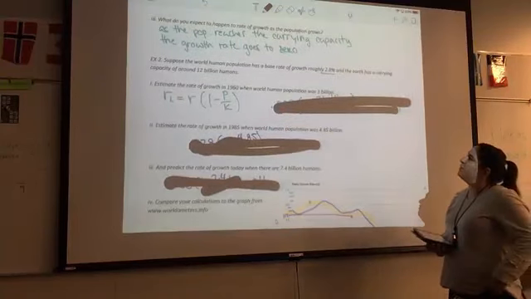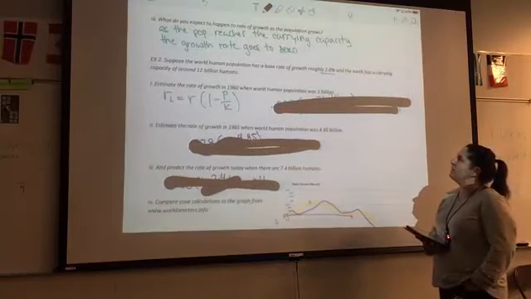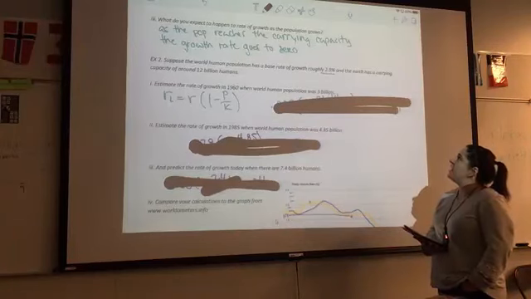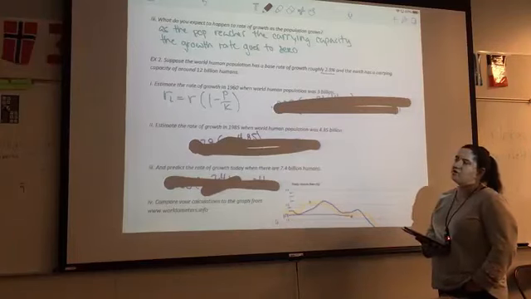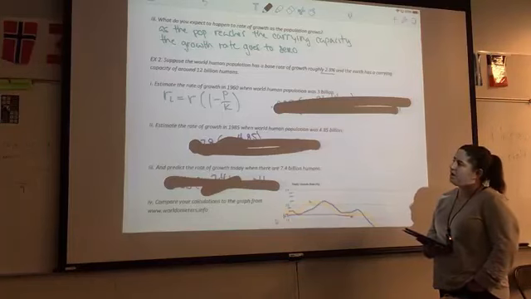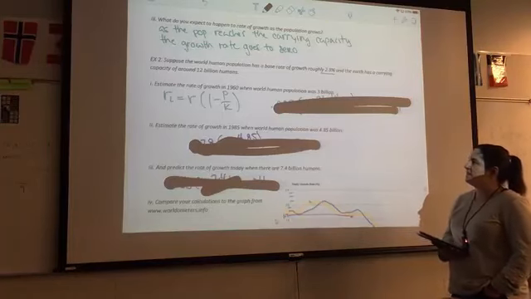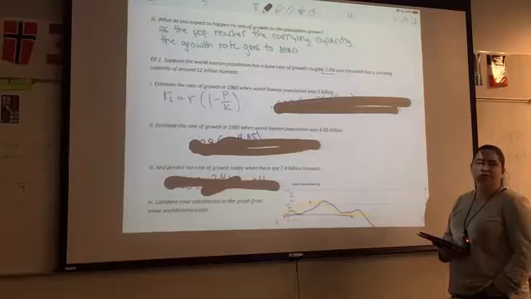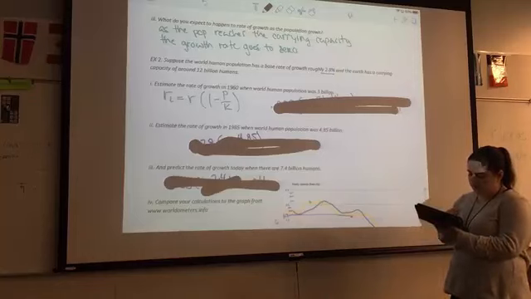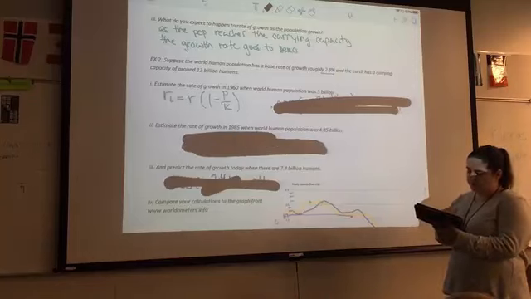So, suppose the world human population has a base growth rate of roughly 2.8% and the Earth has a carrying capacity of around 12 billion. Okay? Estimate the growth rate in 1960 when the human world population was 3 billion. I want you guys to try that. Plug them in.